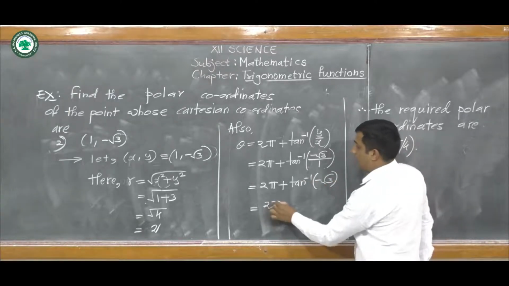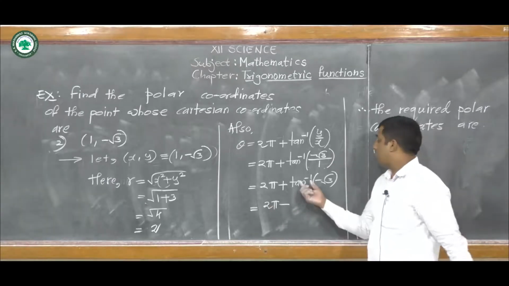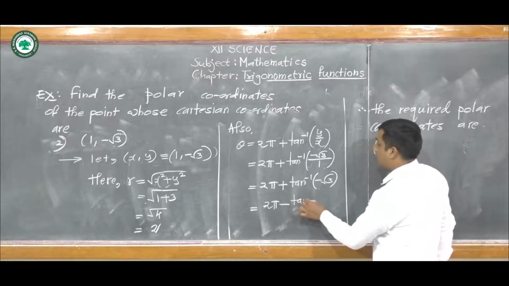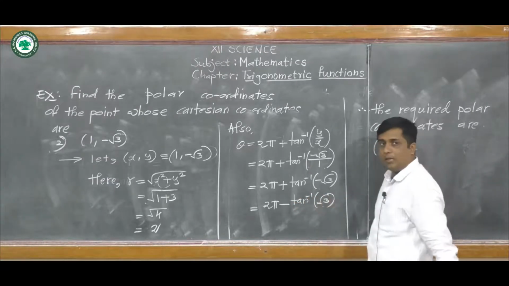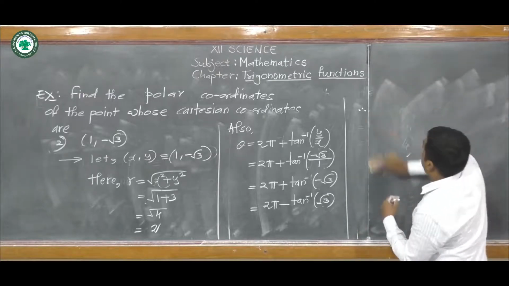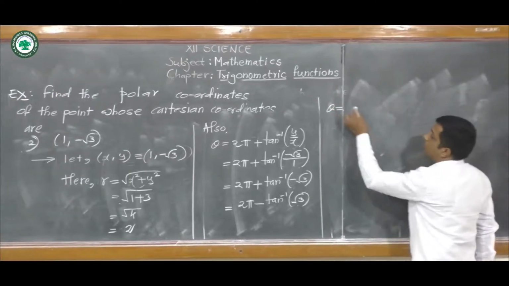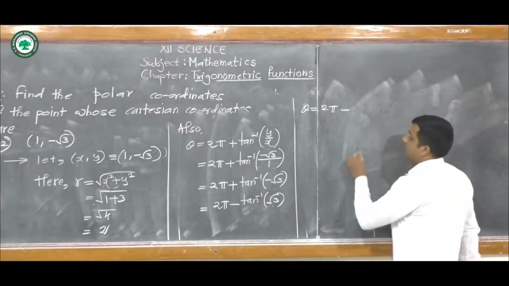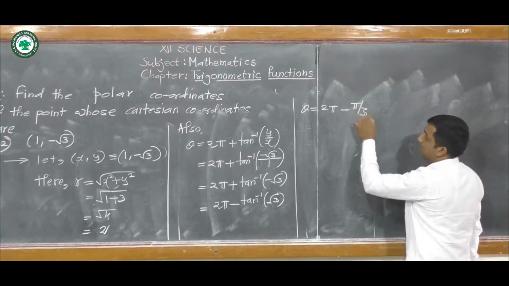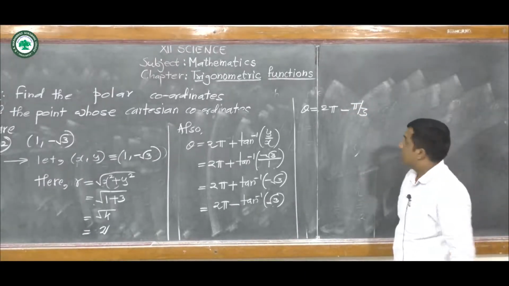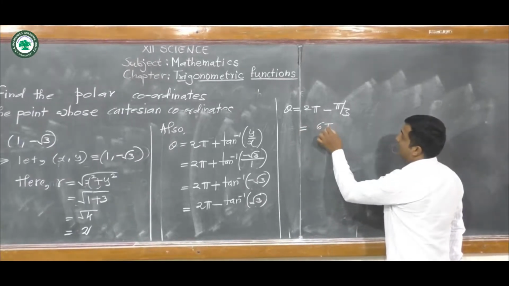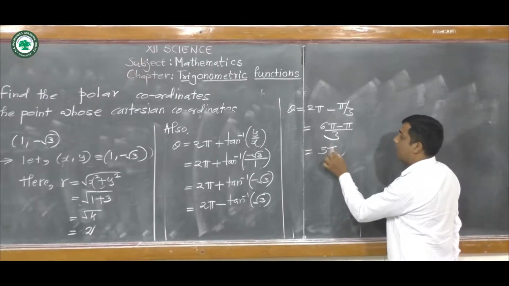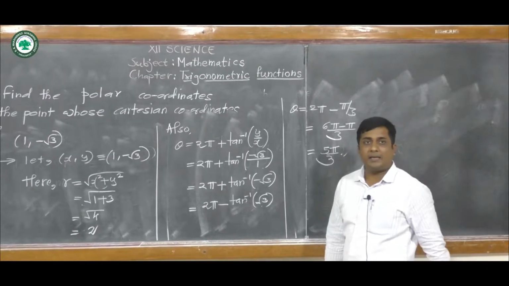This is equal to 2 pi minus, tan inverse of minus root 3 is given, and this tan inverse of minus root 3 is minus tan inverse of root 3. Now this theta is equal to 2 pi minus, now tan inverse of root 3 is pi by 3, so this is equal to 6 pi minus pi upon 3, and lastly we get 5 pi by 3, so we get theta.